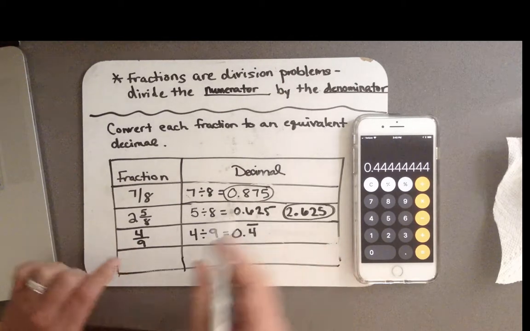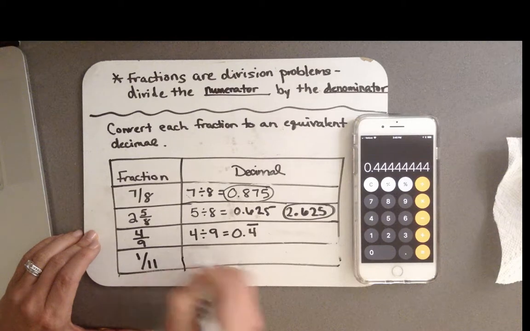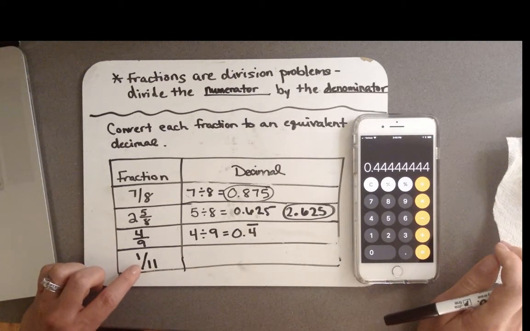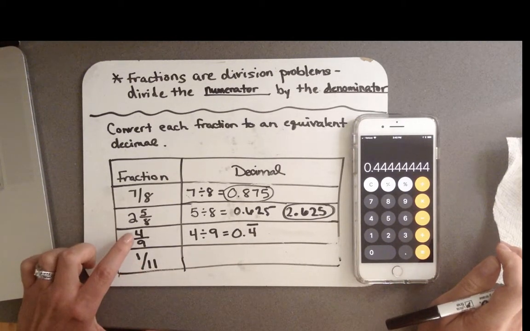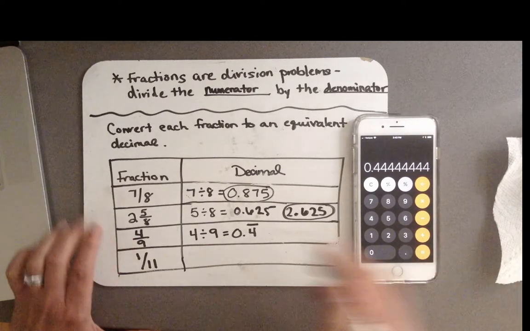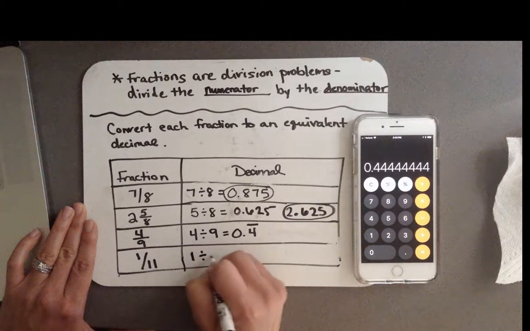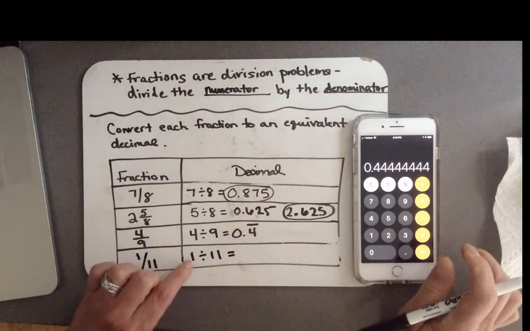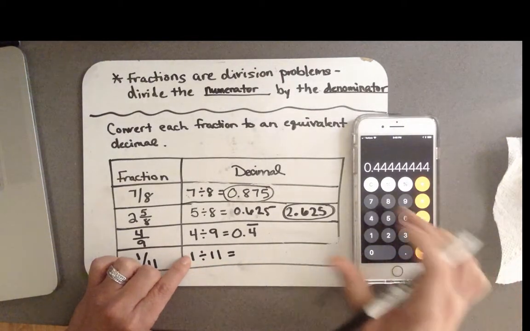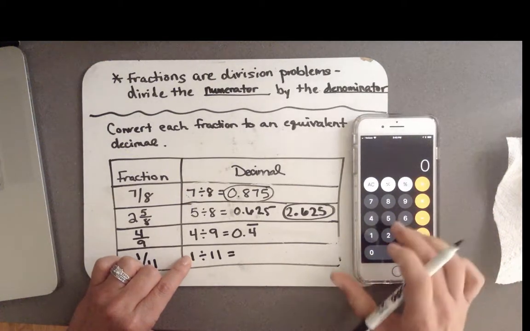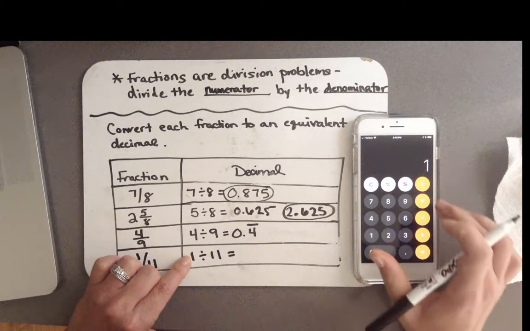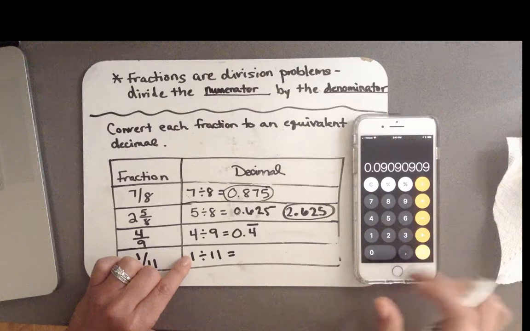Let's do the next one. We have 1/11. You notice sometimes I write my fraction bar like this and sometimes I write it like this. It doesn't matter. So if I want to convert that to an equivalent decimal, I'm going to go 1 divided by 11. And I know that that feels goofy, right? Because you're doing the smaller number first, but numerator divided by denominator. So let's do this. On our calculator, 1 divided by 11.